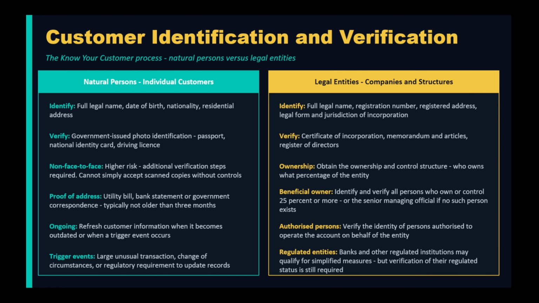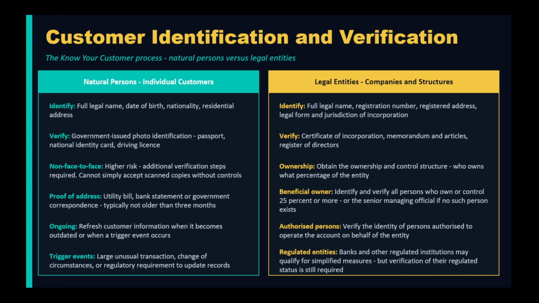For corporate customers, the identification requirements are more complex. You must identify the full legal name, registration number, registration address, legal form, and jurisdiction of incorporation. You verify this through the certificate of incorporation, the memorandum and articles of association, and the register of directors.